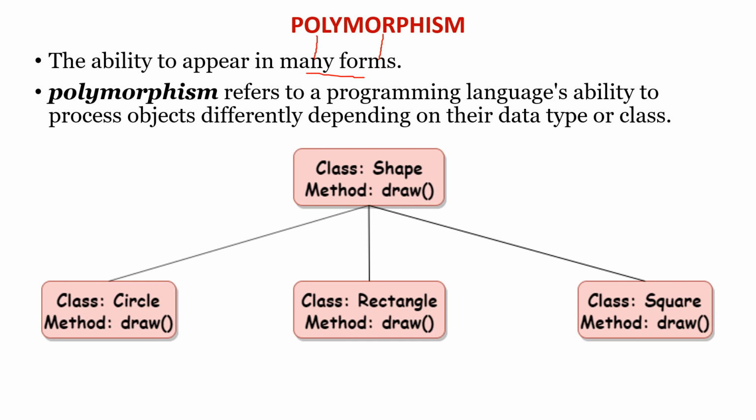Here Shape is a class, with circle, rectangle, square, so four classes are available. In all the classes, we are using only one method called draw. Draw is a function. This function can be used in all the classes by differentiating either the arguments or the data type. So this is called polymorphism.